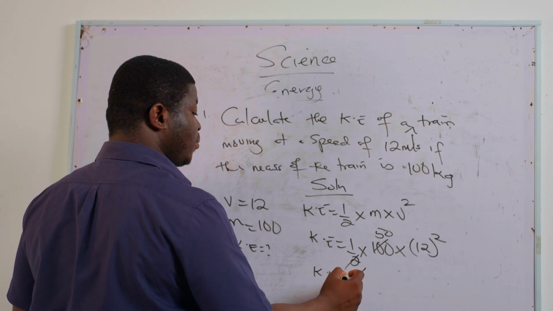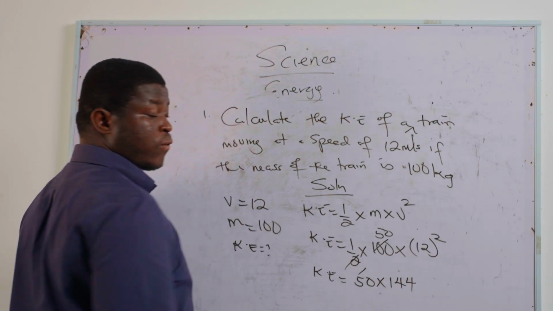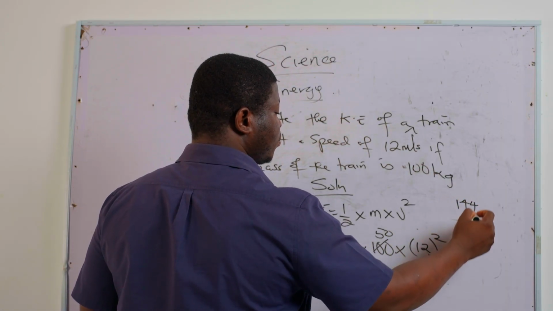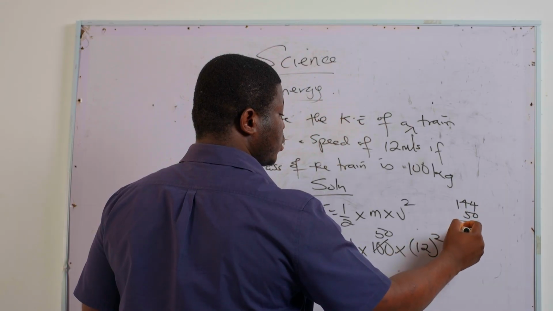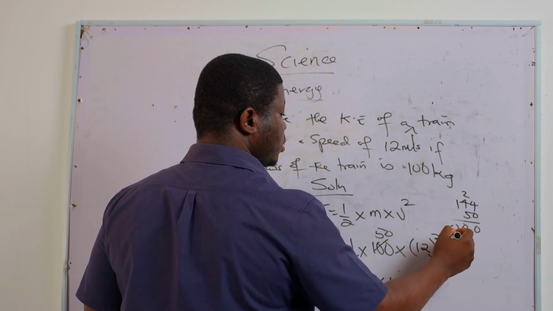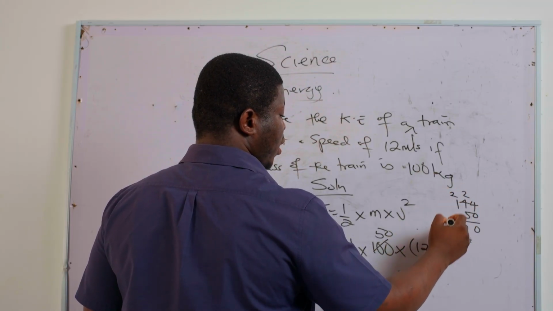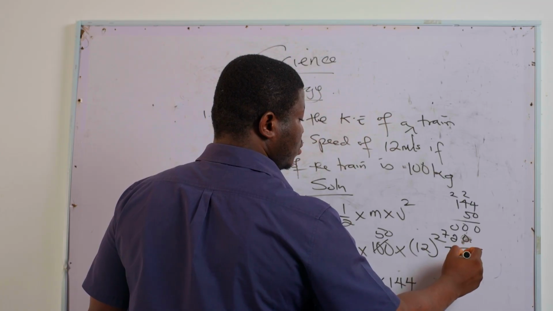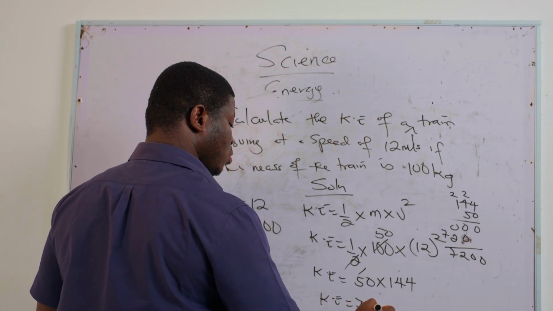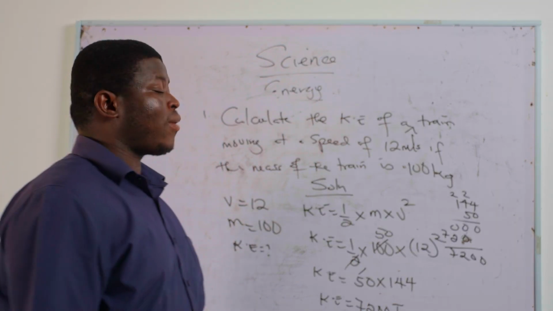Our kinetic energy becomes 50 times 144. So you multiply 144 by 50, and our kinetic energy becomes 7,200 joules.